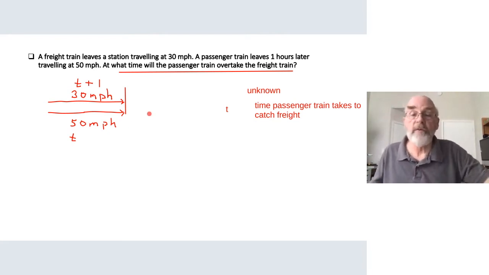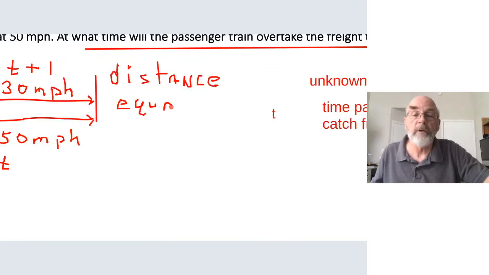And there's a piece of information missing. We need a relationship between the time, the distance, and the rate, because the distance is the same for both of these. So that's what I would do if I didn't know the formula, of course, for time, distance, and rate. But of course I do. And I'm going to write that down.